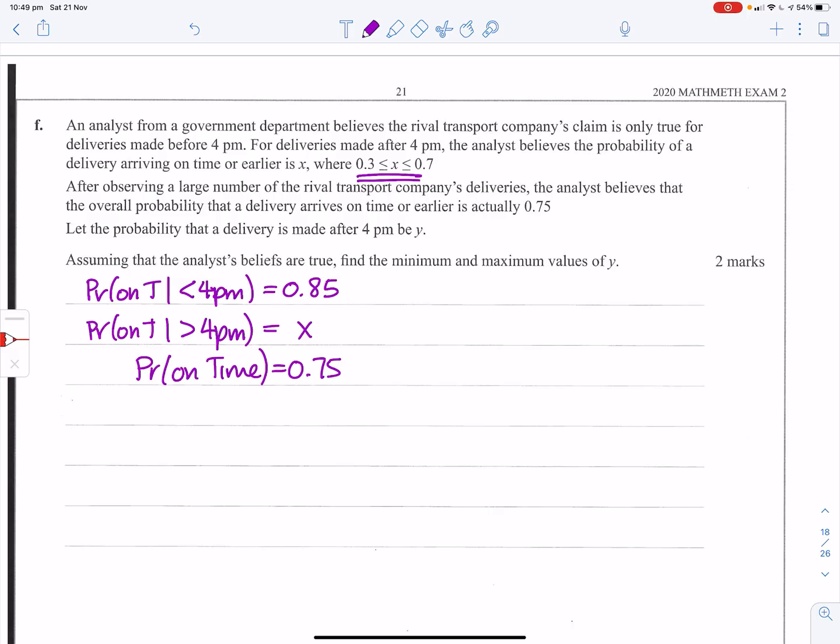Let the probability that a delivery is made after 4 p.m. be y. So the probability that it's after 4 p.m. is y, and the probability that it's before 4 p.m. is 1 minus y. Assuming that the analyst's beliefs are true, find the minimum and maximum values of y.